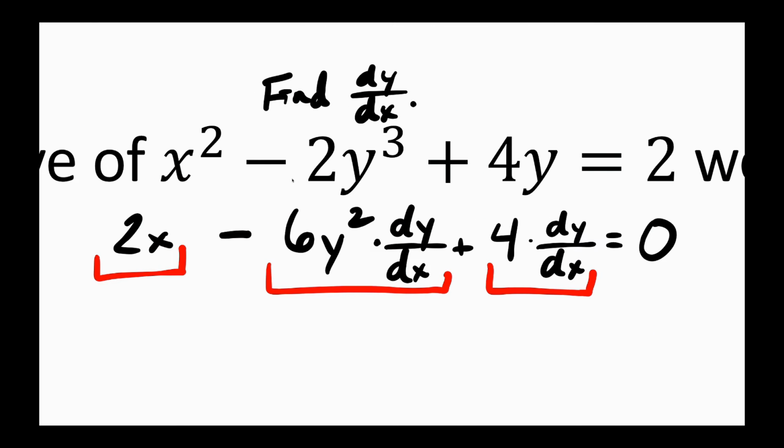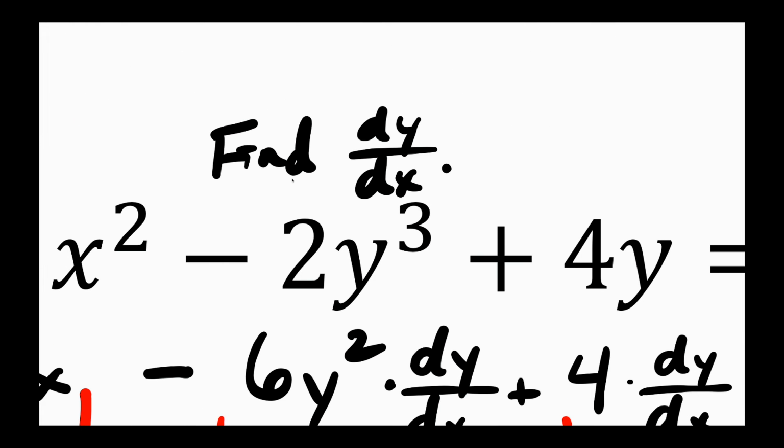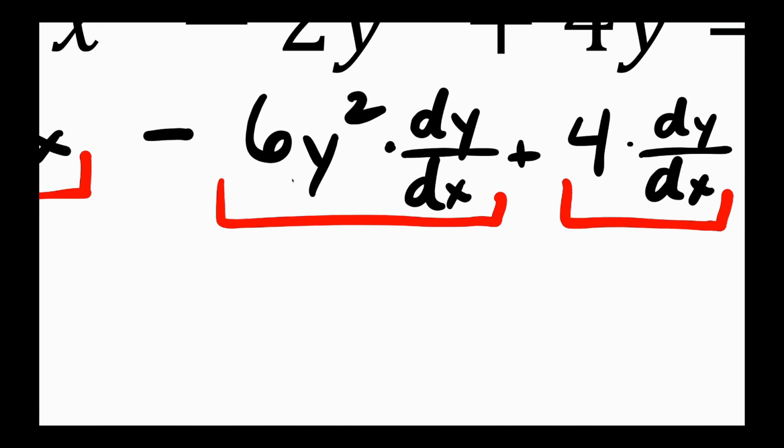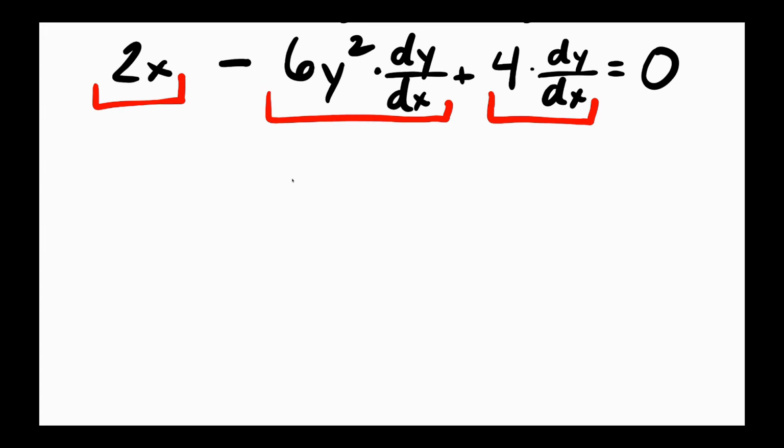So the question is find the derivative. So I got to find this guy here. So I have to isolate that guy. I have to get that guy by itself. So the first thing I'm going to do is focus on the one that does not have that tag. You're going to use your math 1 skills to isolate, because that's where you isolated x.